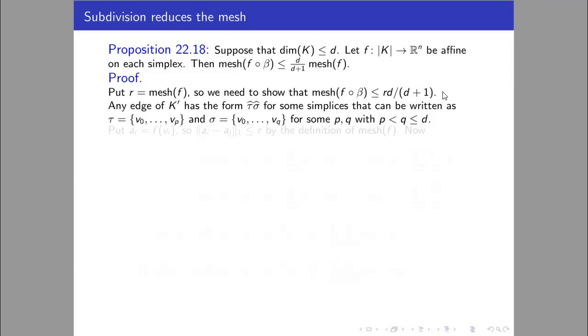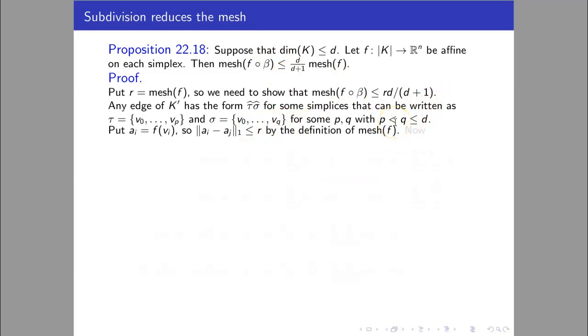So we can write the vertices like this: tau is v0 up to vp, and sigma is v0 up to vq, where p is less than q. That means that the vertices of tau are just the first p plus 1 vertices of sigma.